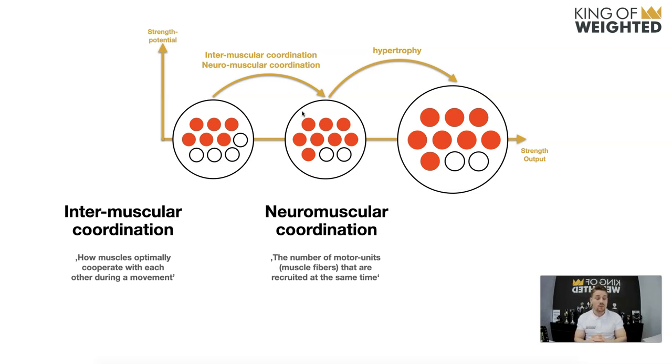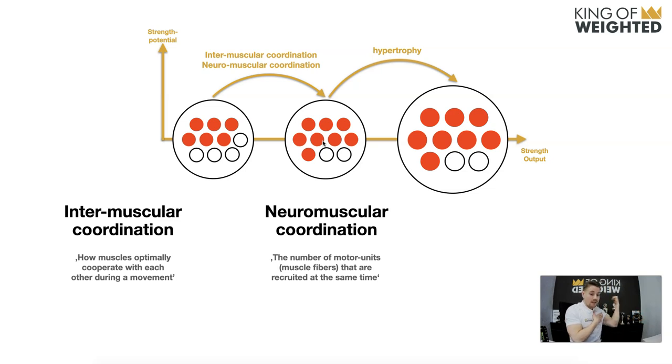the number of motor units or muscle fibers that are recruited at the same time. If we take a look at the graph here, the red dots are active or recruited muscle fibers. The more muscle fibers are recruited, so actively putting in work for a certain movement, the more strength output we have with that movement.